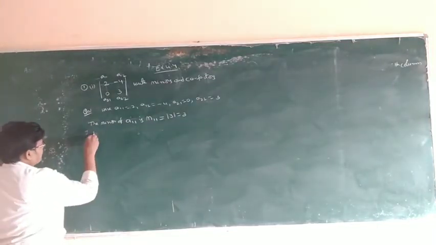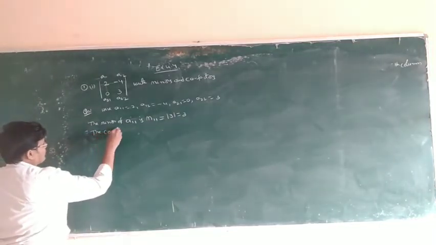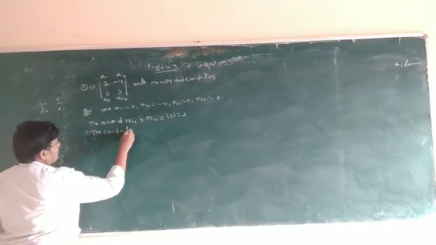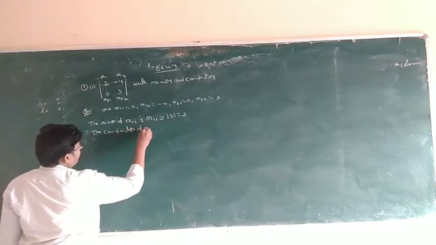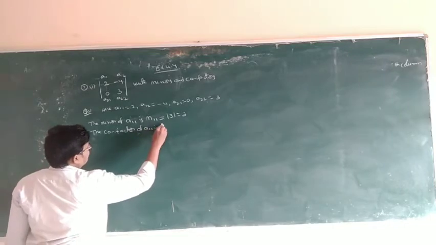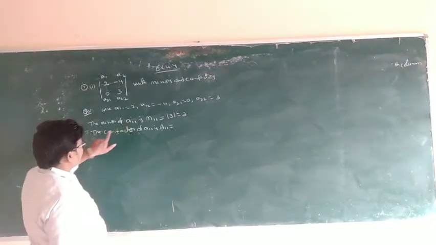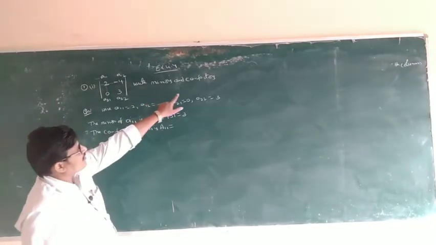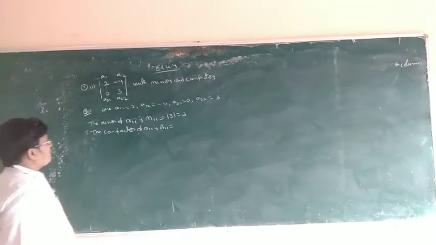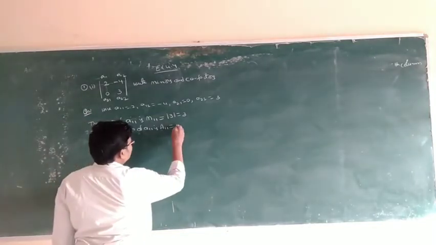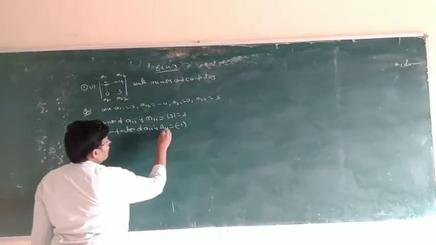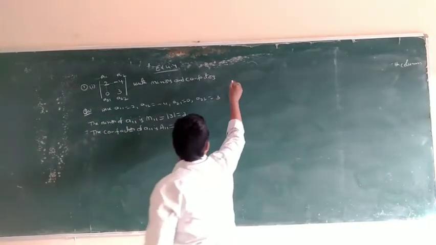So next, the cofactor of A11 is capital A11. We write the minors and cofactors. So cofactor of A11 is equal to minus 1 whole power 1 plus 1. What is the formula of cofactor?